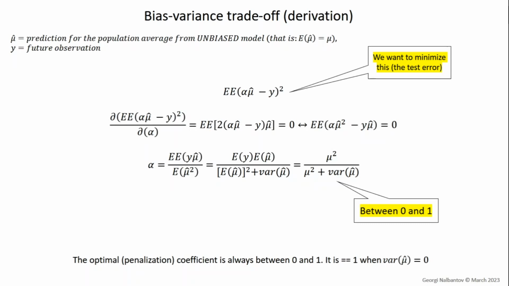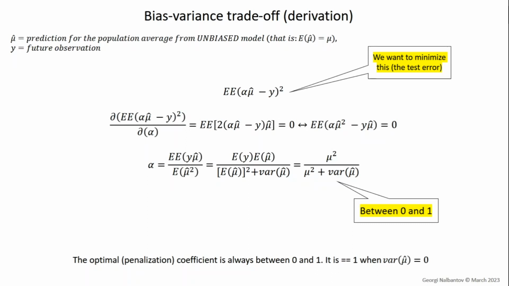So alpha is 1 only when variance of mu hat is equal to 0, which again occurs when our mu hats are the same over training sets. And this occurs when the training sets, all of them are the population, so we have the same prediction, or when the training sets are all the same, which means that there is no variation in data, and both cases are not interesting.